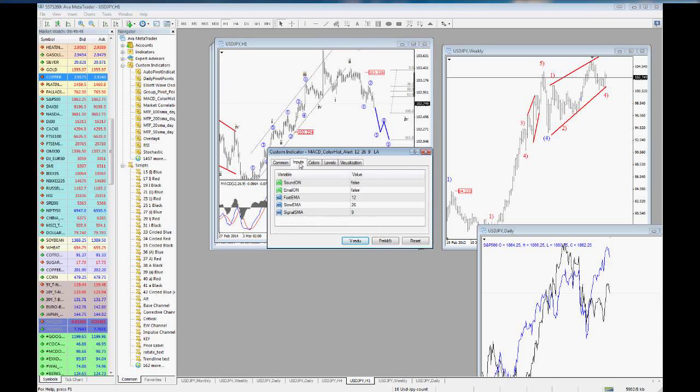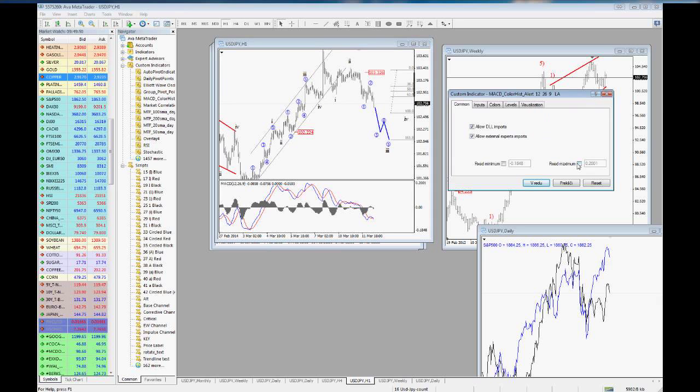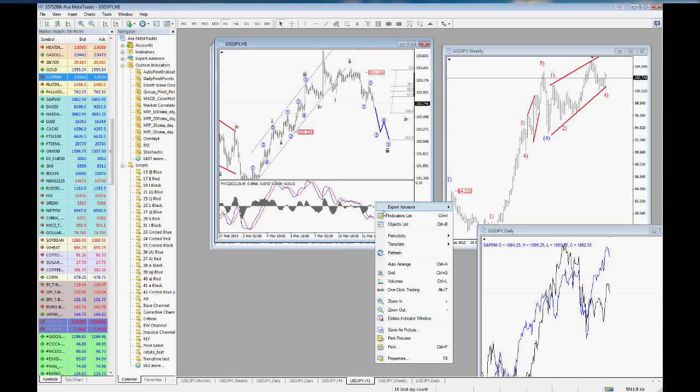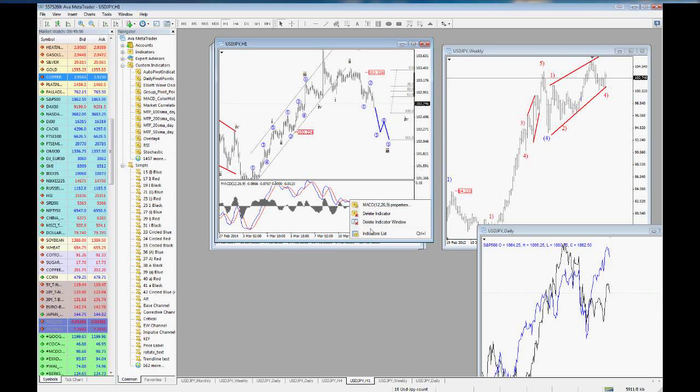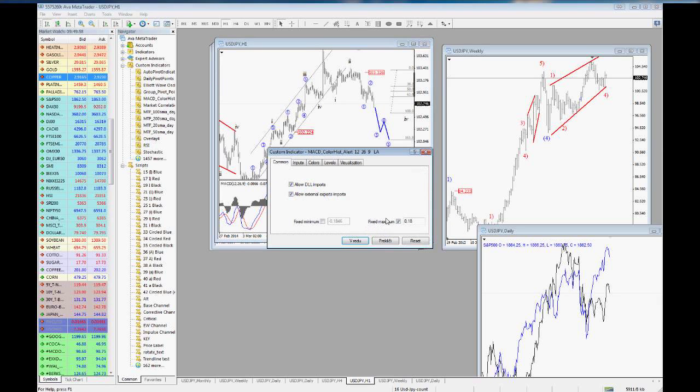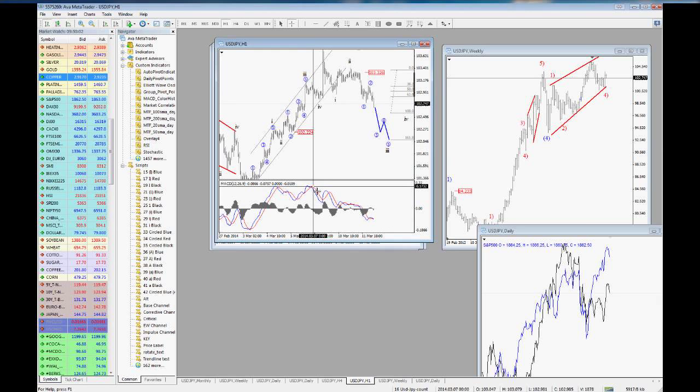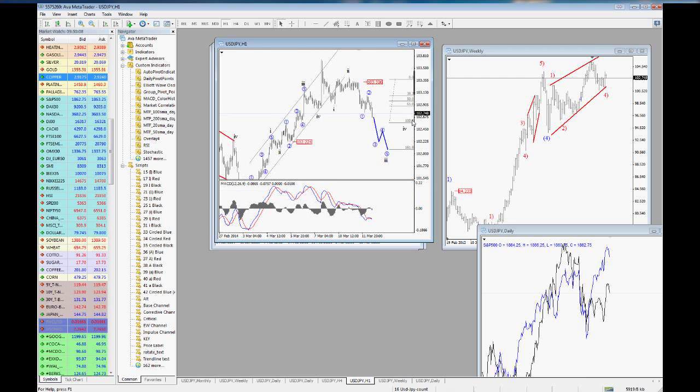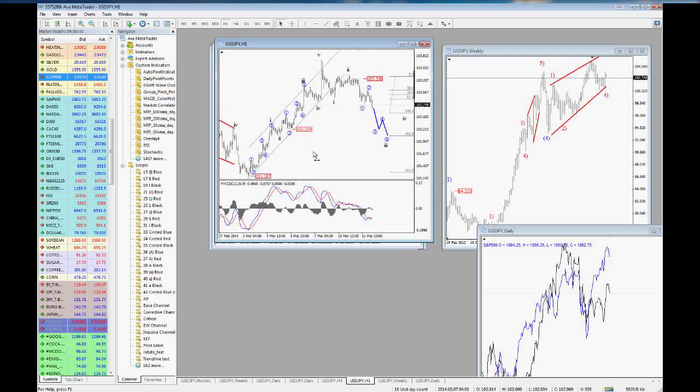MACD properties. Let me change this so that you will see it better. Okay, what's this divergence? No, we haven't got one, but we have it here. Okay, so this is quite a good example.